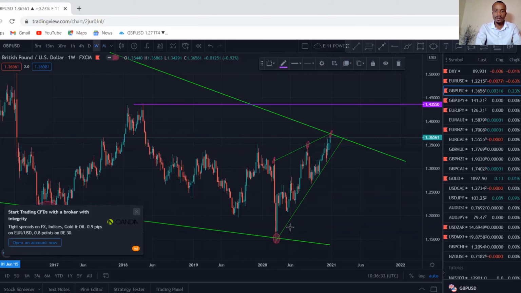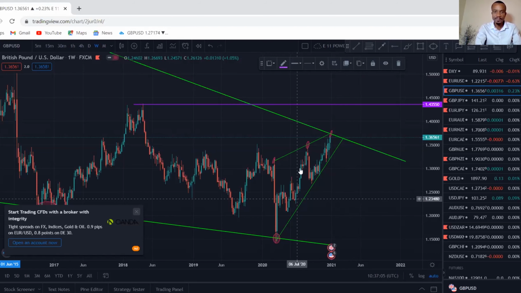On the weekly time frame, as you can see, price has never broken out of this upward trend, but price is also trapped within a decelerating channel to the upside. So around this area of 1.36700, 800 here, we anticipate our third touch on a monthly time frame and price shooting to the downside.